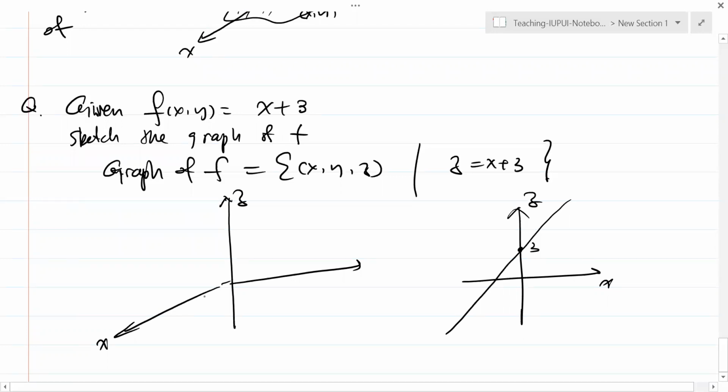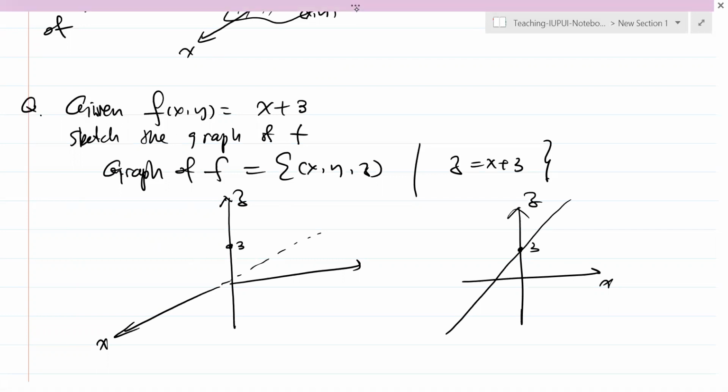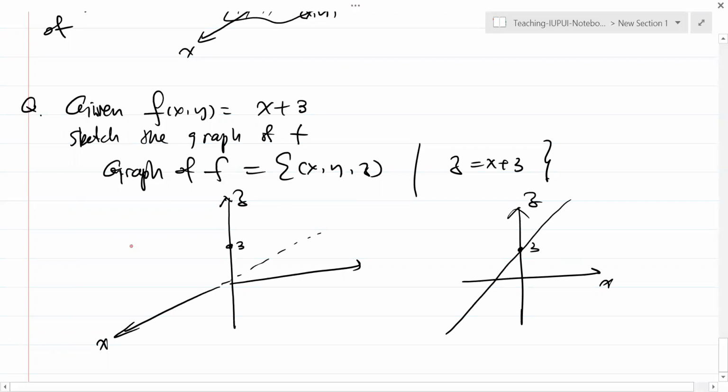But how can I draw it here? I think it's passing through the point 3, and it goes like this. Let me draw the line using red color. This point is on the xz plane.